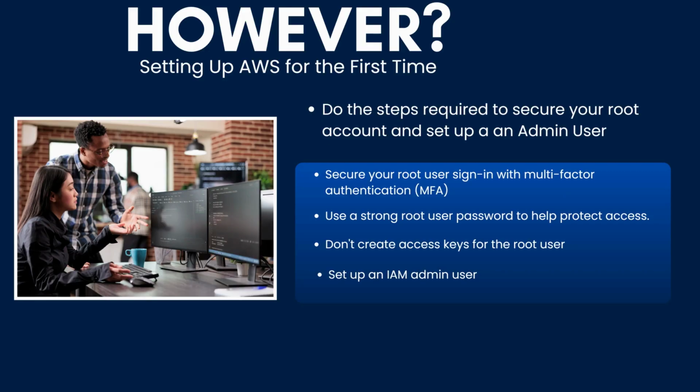So don't lock up your root access password and login just yet, because we still need to be logged in to set up the admin user. And once we've done that, we no longer will need our root access. Well, let's move on to setting up an admin user.